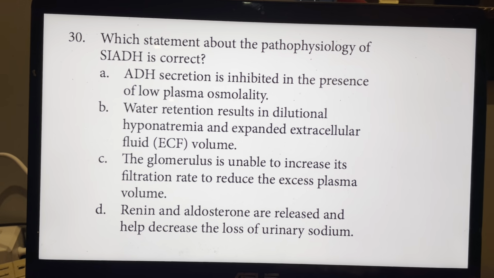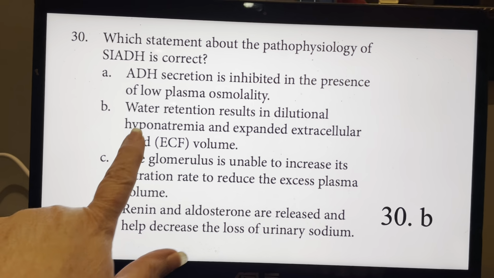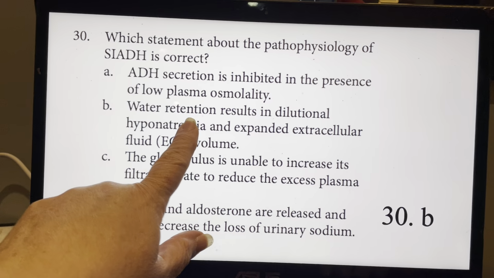So you can only answer one. What you think? SIADH, soggy Sid. If that's all you knew, you could answer this. Water retention. He's so soggy.